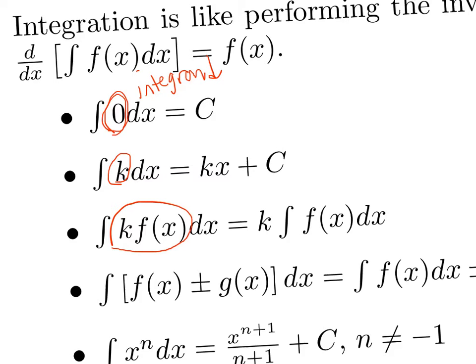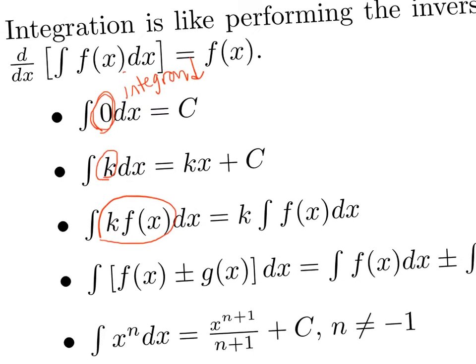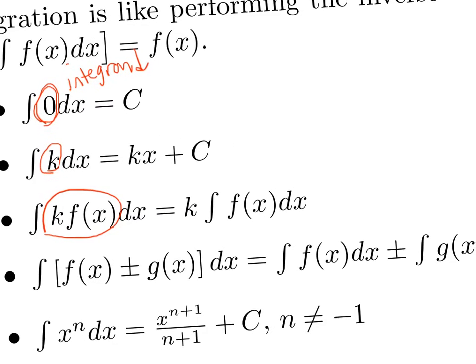The next one, the integrand is k. So we ask ourselves, the derivative of what, where k is a constant, gives me a constant? kx. And then we have to add our constant of integration as well. So k is a constant and c is a constant. So the integral of any number is going to give us that number times x plus c.